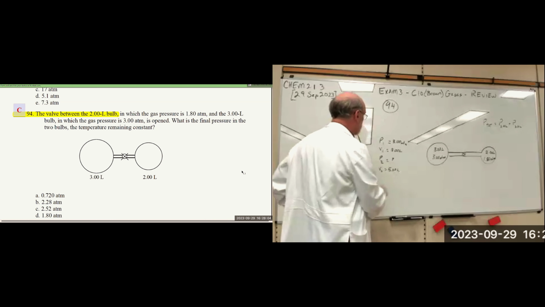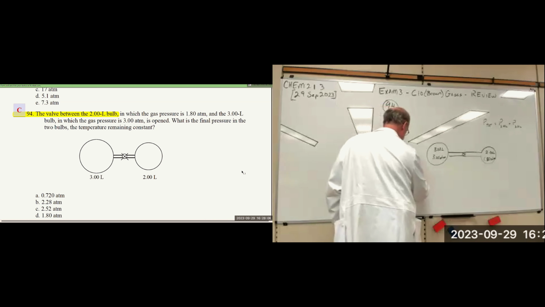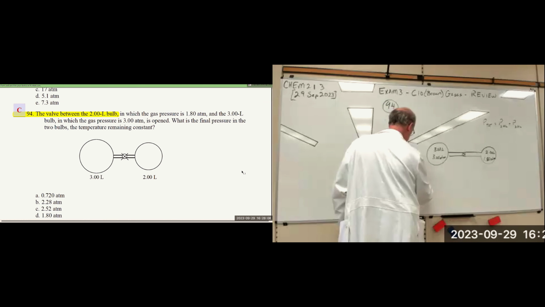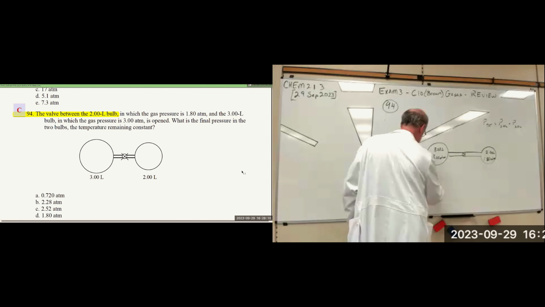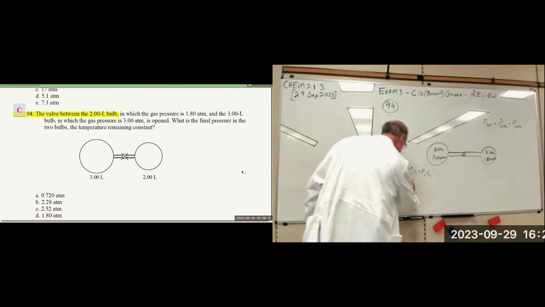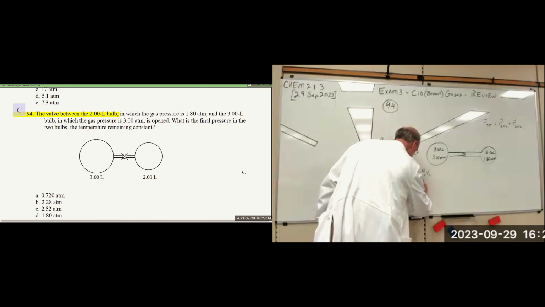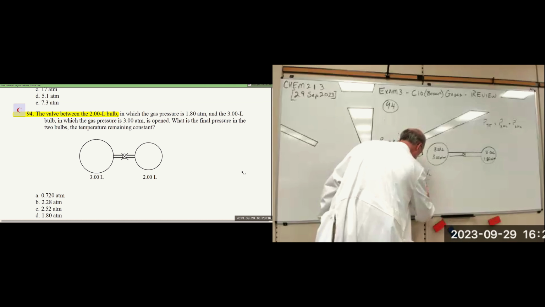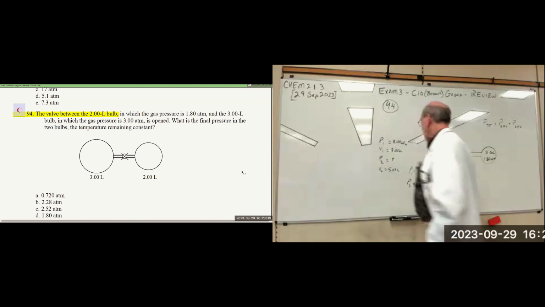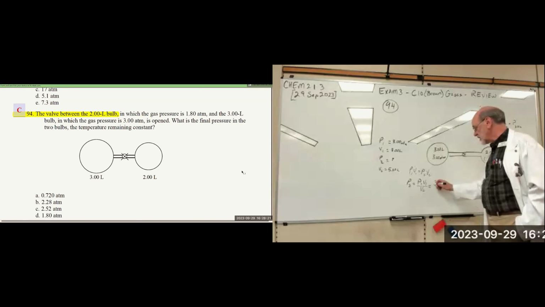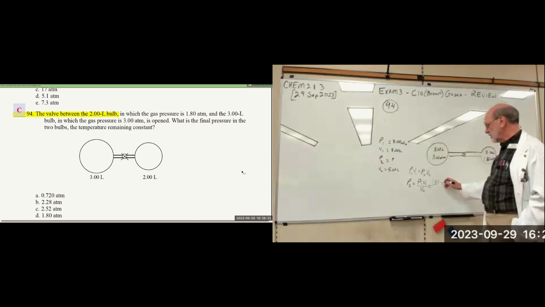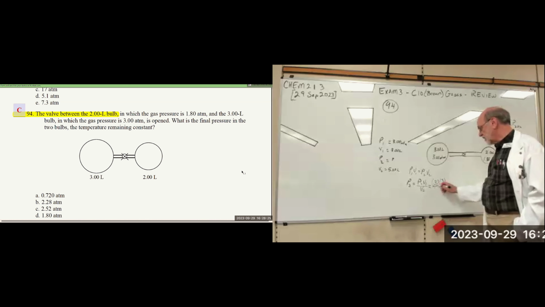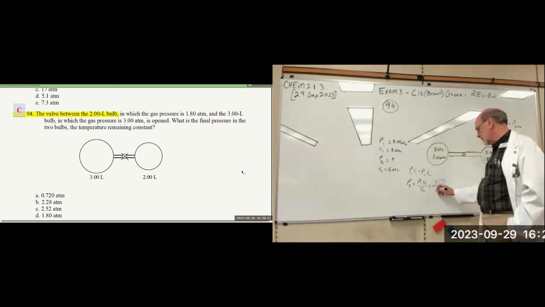Okay. So, if P1 V1 equals P2 V2, then P2 equals P1 V1 over V2. So now all we have to do is substitute the values. So 3 for P1, 3 for V1, and V2 is 5.